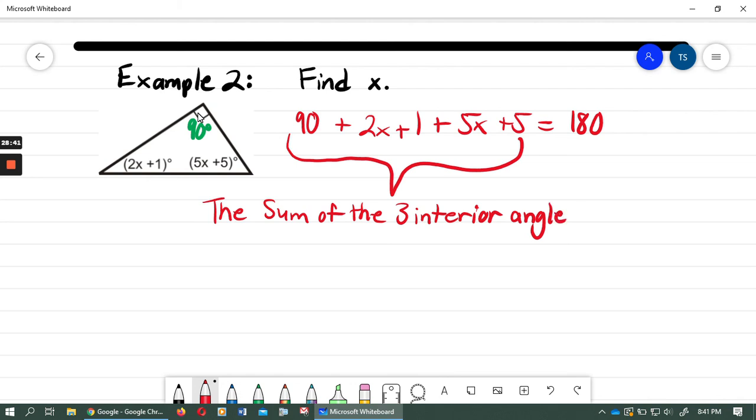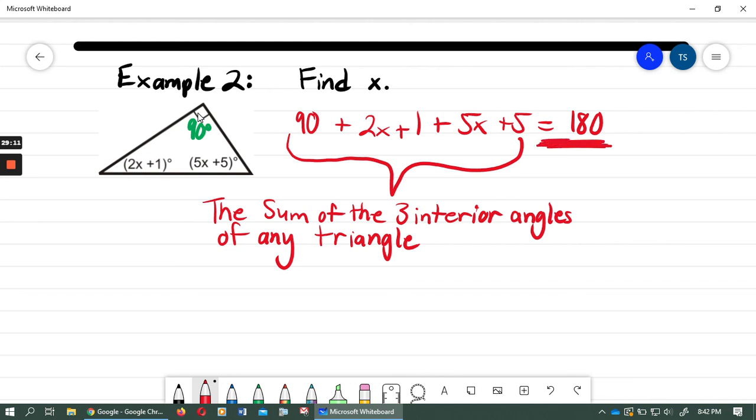The sum of the three interior angles of any triangle is always 180 degrees.